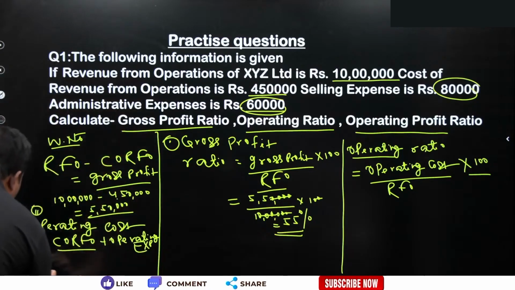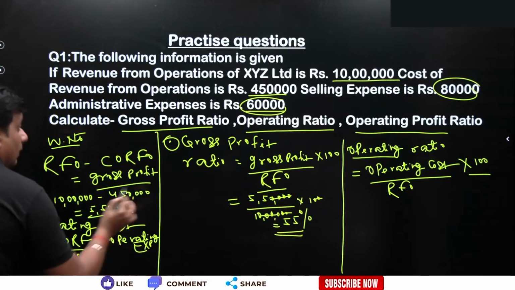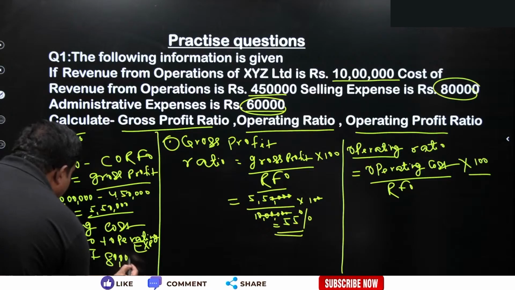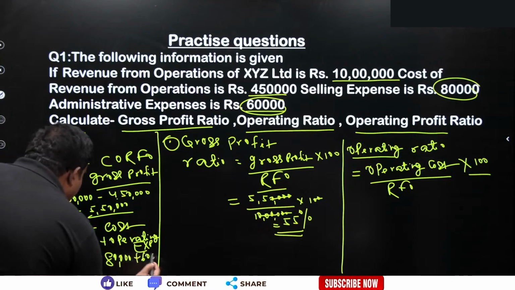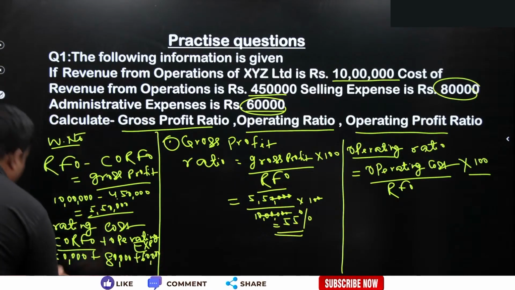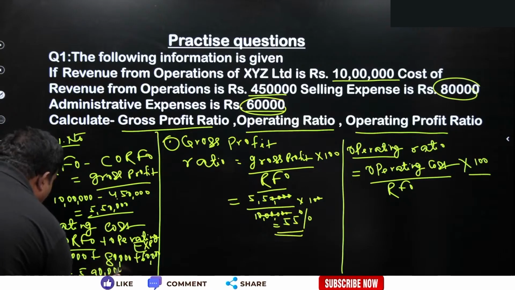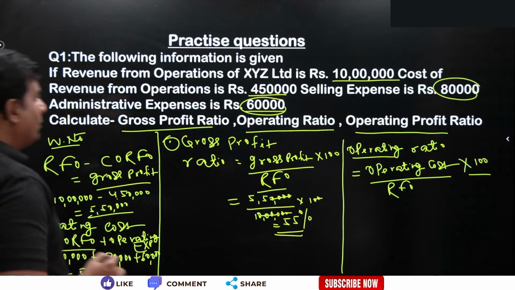Cost of revenue from operation is 4,50,000. Selling expenses is 80,000 and administrative expenses is 60,000. So 4,50,000 plus 80 will give you 530 plus 60 will give you 5,90,000. So your operating cost is 5,90,000.